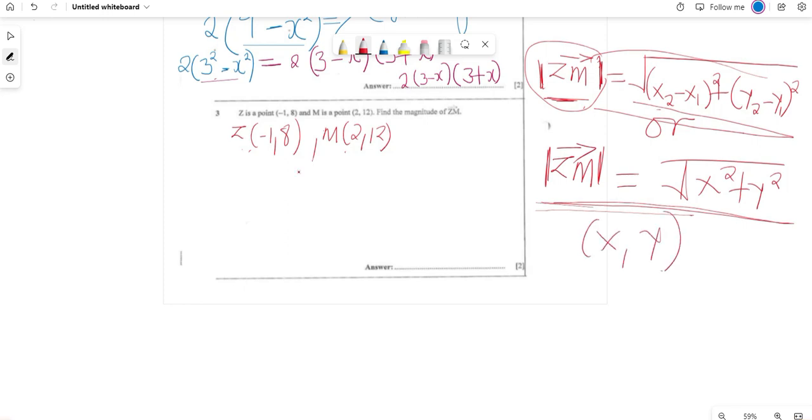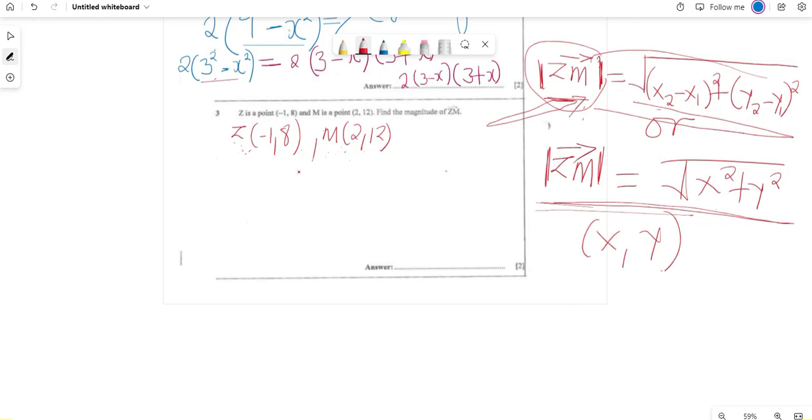So from Zm, we can first calculate the resultant vector of Zm. After knowing the resultant vector, that's when we can use this one. If we use this method and go back to the other method, the answer remains the same. However, I'll use this method here.